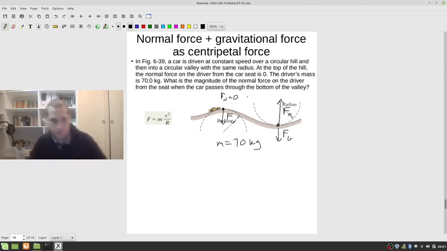Well, in this case, for the first part, you're going to use this one to solve for the speed of the car. Okay, so you're going to say that the centripetal force in the first case is just the gravitational force. It's just mg.